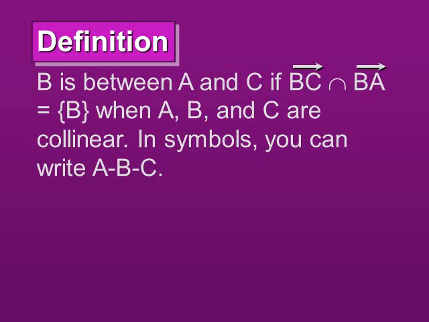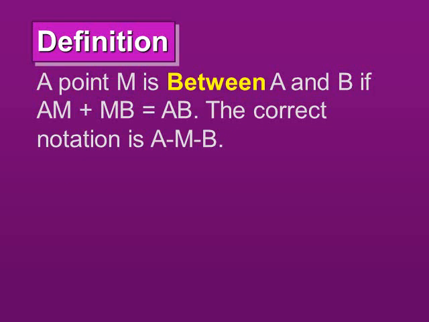And they had to be collinear, and we wrote it like this, the ABC with hyphens. But now we have a point M in the middle, and if we measure A to M and we add that to M to B, then we would have the length of AB, which would mean that M is between A and B. So it's, like I said, a new and improved definition when we can use measurement.